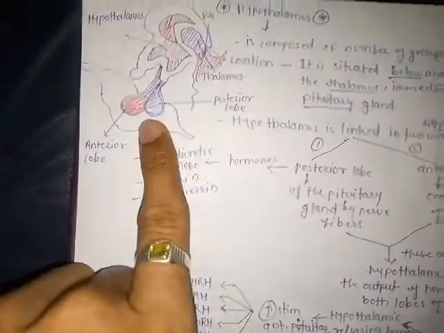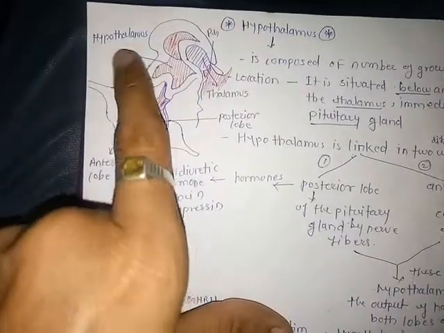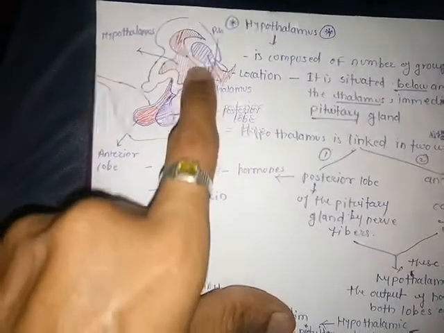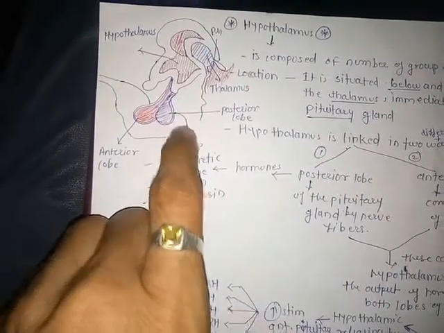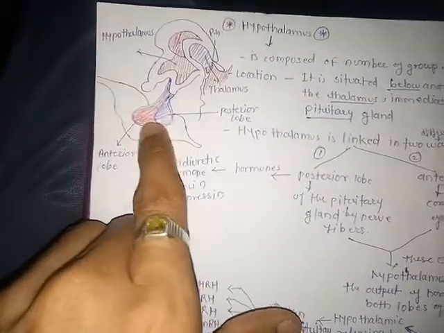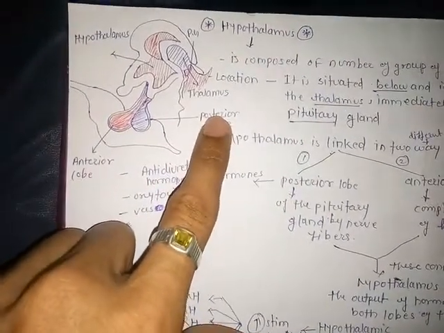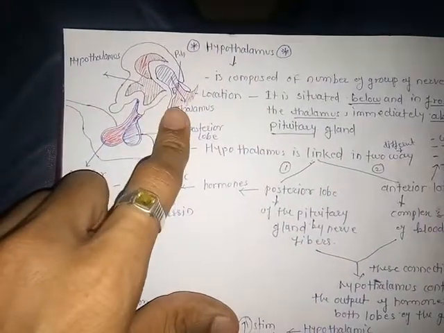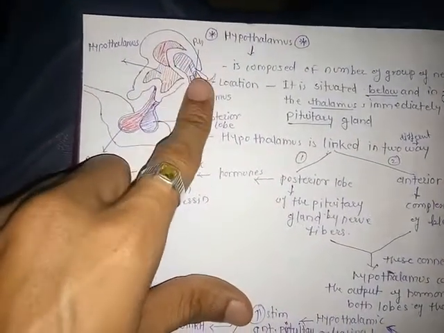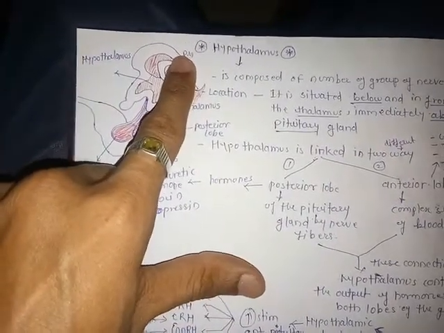So this is a simple diagram of the hypothalamus. This structure represents the hypothalamus. Then these two sac-like structures: one, in red, indicates the anterior lobe and the blue indicates the posterior lobe. Then this is the thalamus, and the red color indicates the pituitary gland.